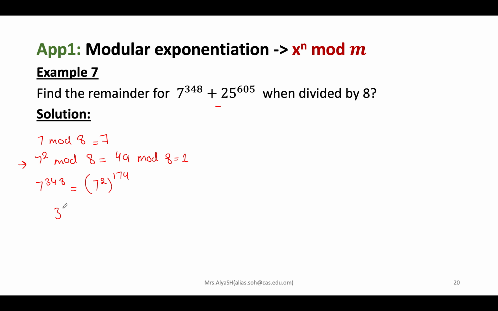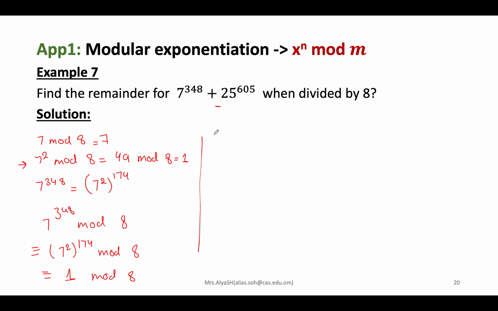So here we have 7 to power 348 mod 8 is congruent to 7 square to power 174 mod 8, and this is 1 mod 8. So we got here the remainder as 1.